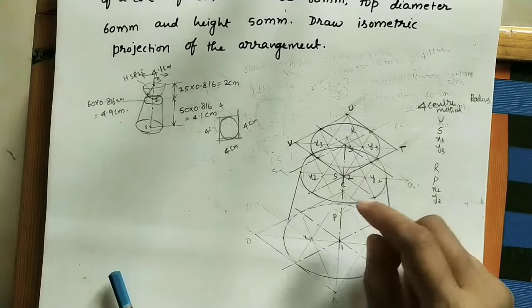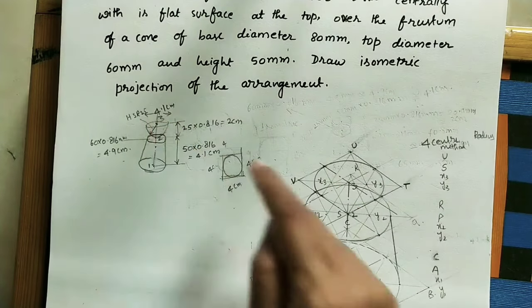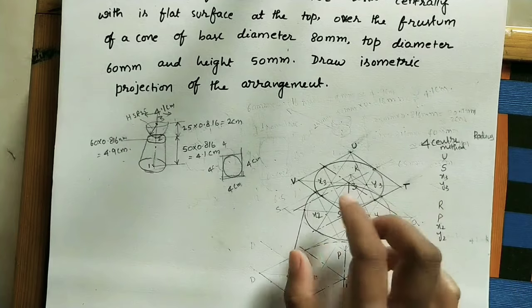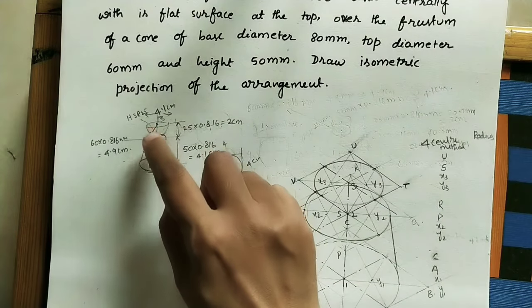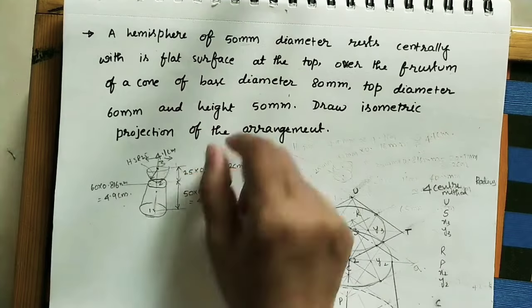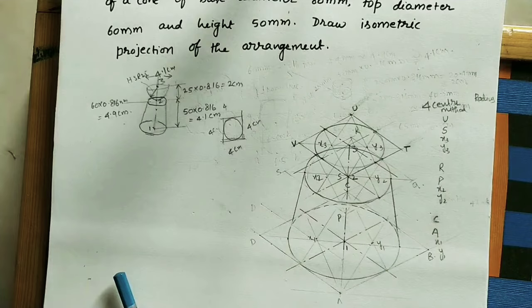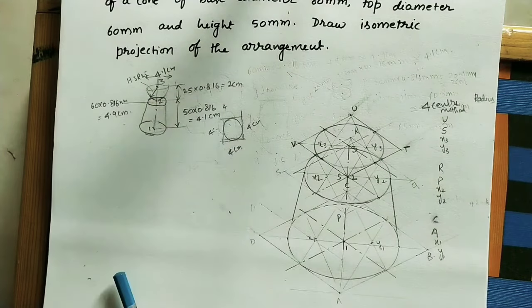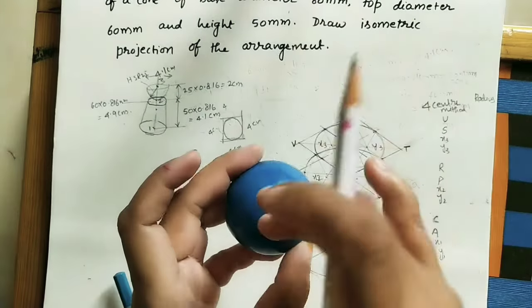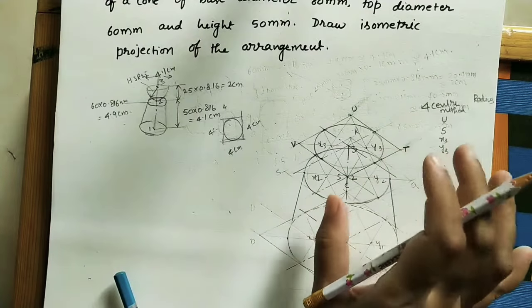After getting this frustum of a cone, we need to draw this curved surface. This is the top surface, it looks like an ellipse. Now for doing this, what is the radius? The diameter of the hemisphere is 50 mm, half of it is 25. As I told previously, for a sphere and hemisphere the radius does not change, because from wherever we see it, the diameter or radius is constant, in 3D view also.